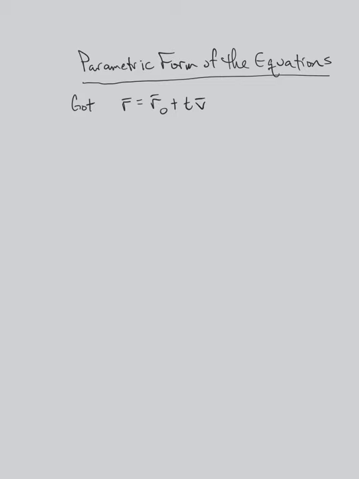Now this is a good equation to work with, but I admit it can be a little bit abstract, and so there's another form of the equation called the parametric form. That also gives you the line. It actually ends up being 3 different equations though. What we can do is write things out in terms of our components. Remember, r was the position vector for that general point, so that would just be the vector with coordinates x, y, and z.